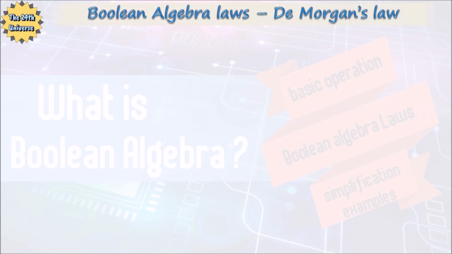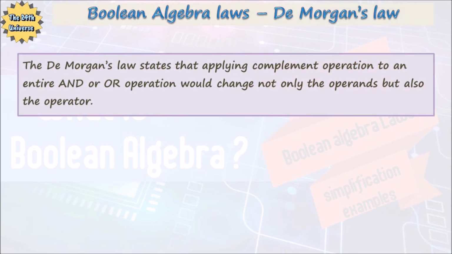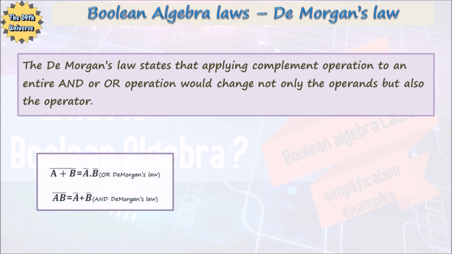De Morgan's law. De Morgan's law states that applying complement operation to an entire AND or OR operation would change not only the operands but also the operator. A or B the whole bar is equal to A bar and B bar. A and B the whole bar is equal to A bar or B bar.